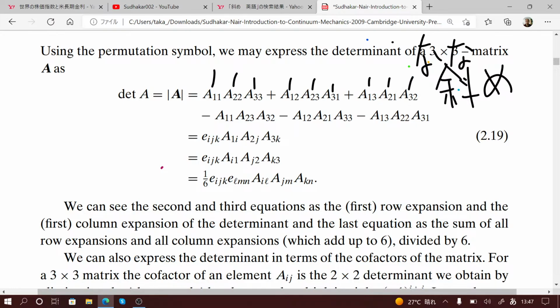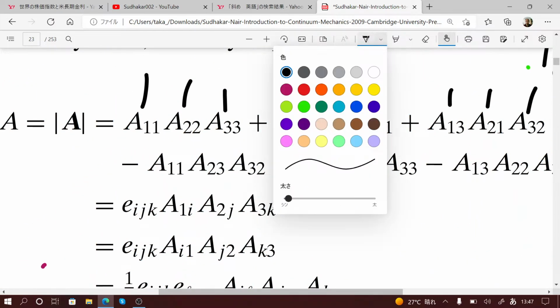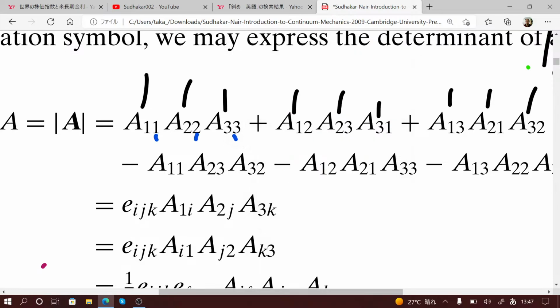So then ijk, the other one here, let's see the other one. The other one is 1 2 3, 2 3 1, 3 1 2. Yeah?